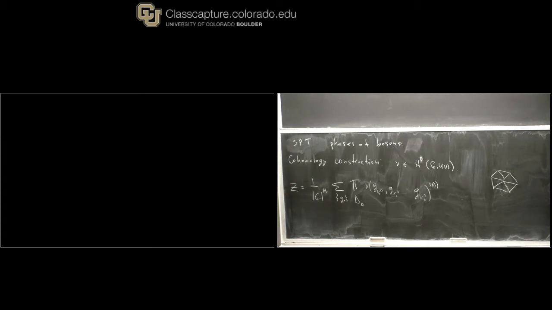It takes as input an algebraic object, an element of the d-dimensional cohomology group, where d is the space-time dimension. From it you can build a partition function on any manifold by looking at the d-simplices on the manifold and taking products of cocycles on every d-simplex.